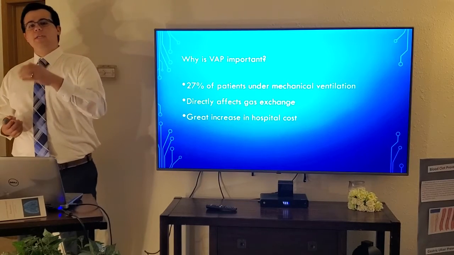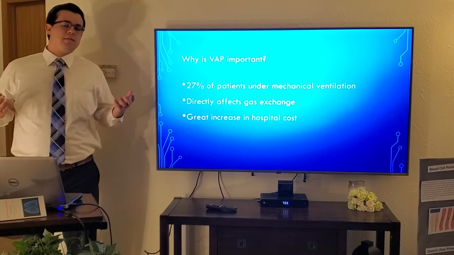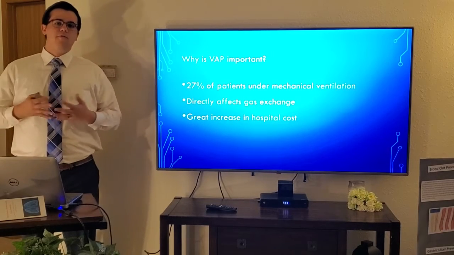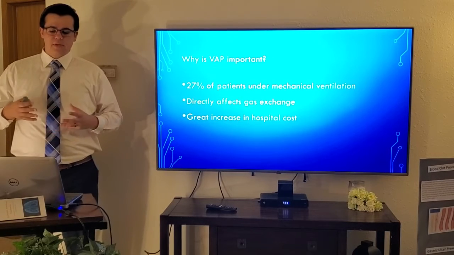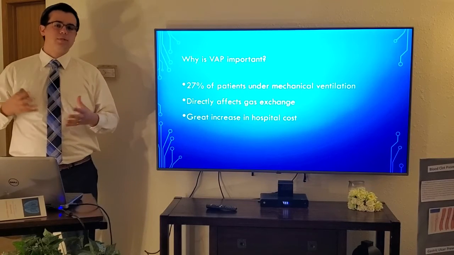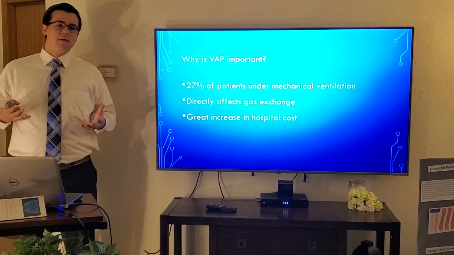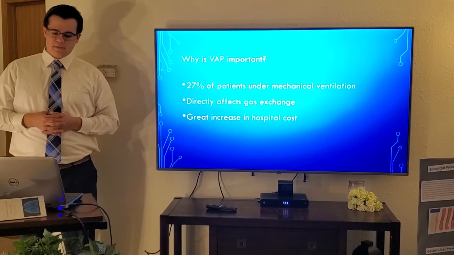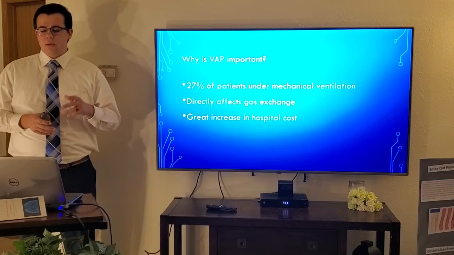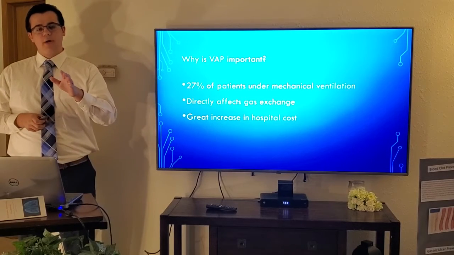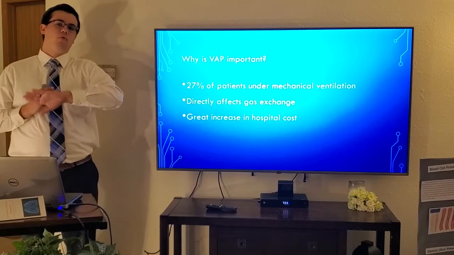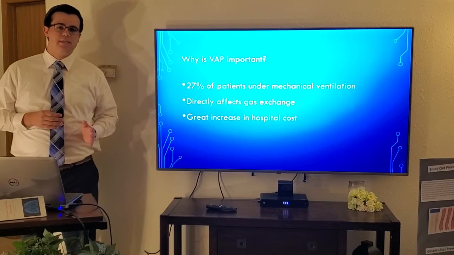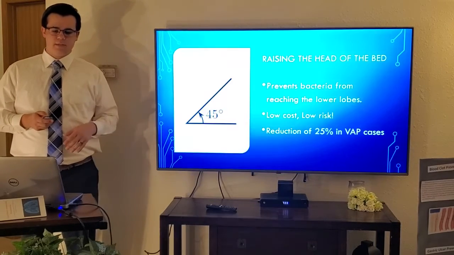But if he doesn't, he could be looking at bills in the hundreds of thousands of dollars for mere days of treatment, which he most likely will not be able to afford. And we're talking increases of $40,000 and greater on top of what normally would happen in an intensive care setting.